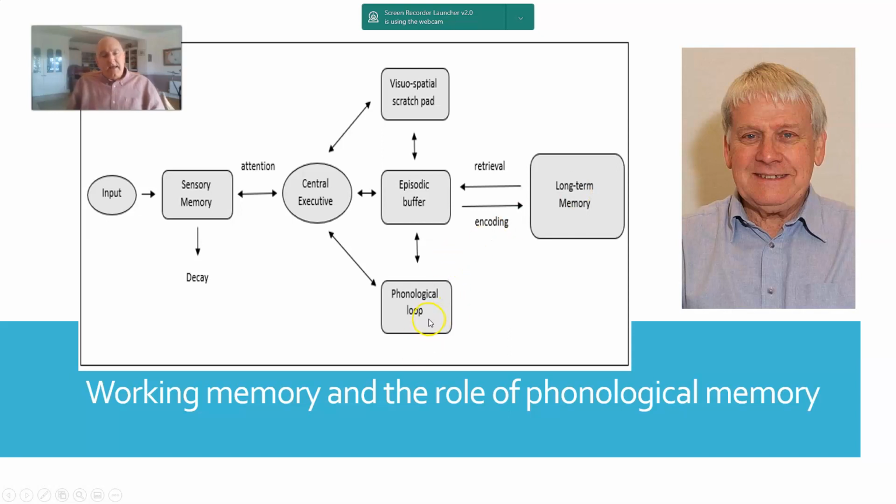Now, if we don't know how to pronounce words well, if we don't have a clear phonological memory of what they sound like, then anything that goes into long-term memory may be faulty. It may be that if we've just read words, for example, we might have an idea of what they look like, but we can't be certain what they sound like.